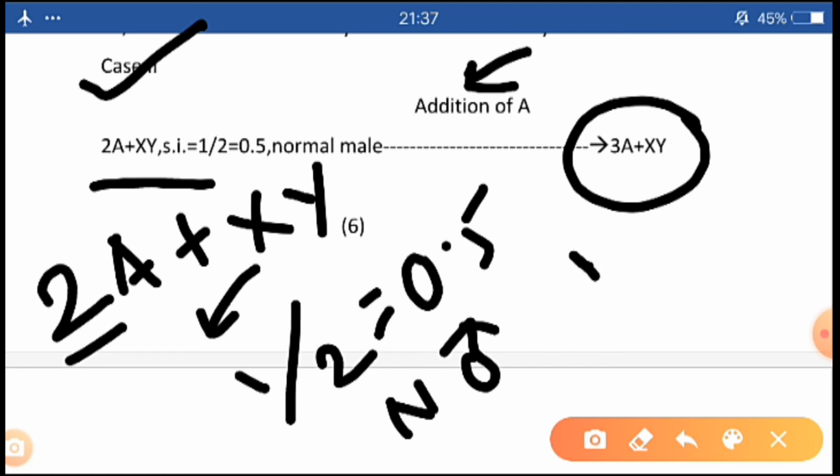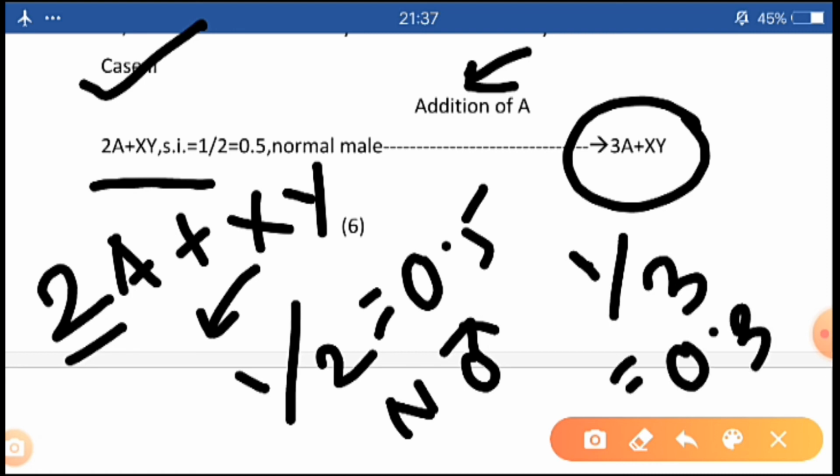Index will be 1 divided by 3 equal to 0.33. That is super male. Clear? That is, from this case it is clear that the maleness is increased by adding A. Okay.